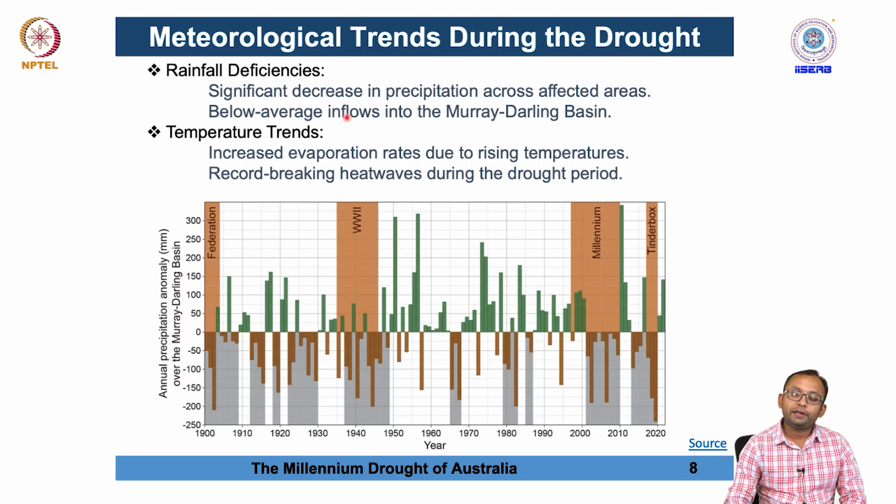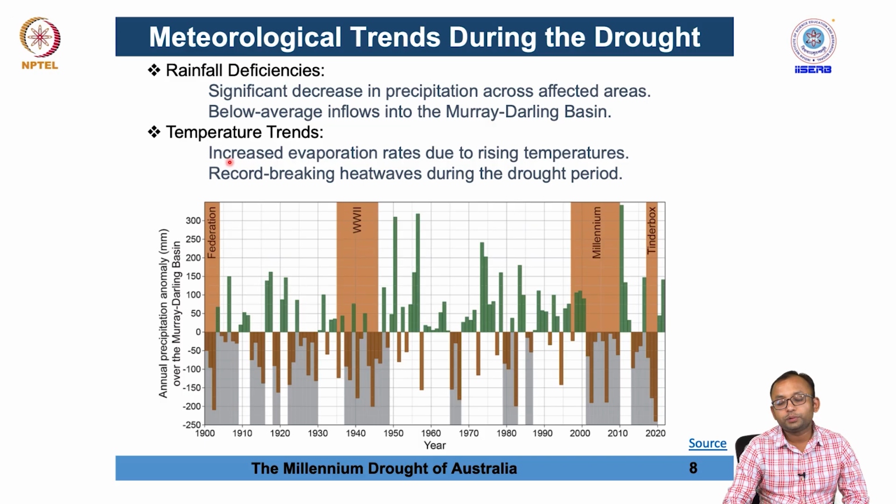The meteorological trends during this particular drought were rainfall deficiency and a significant decrease in precipitation across affected areas, particularly the Murray-Darling Basin, where we saw below-average inflow into the basin, which is one of the reasons for hydrological drought conditions in that region.